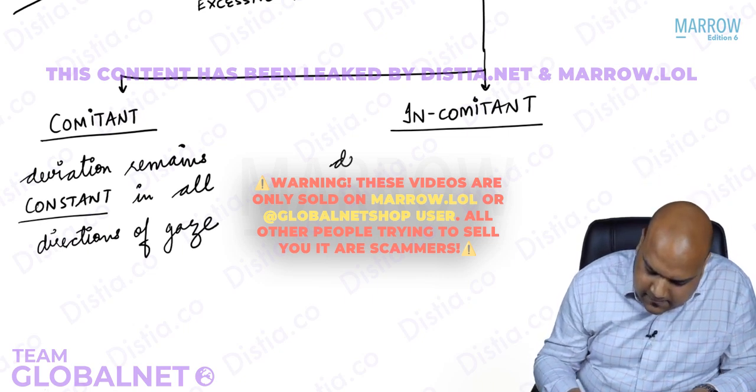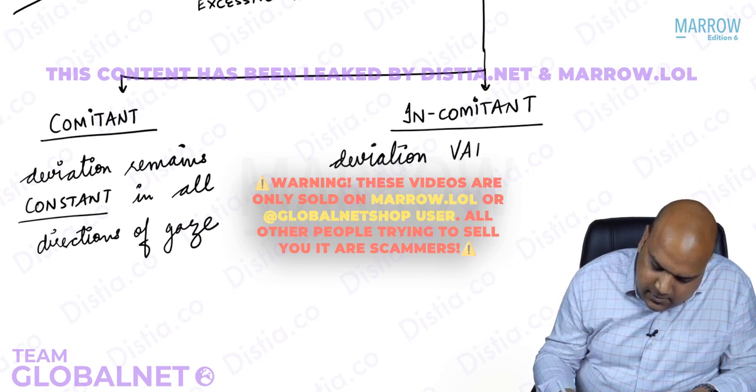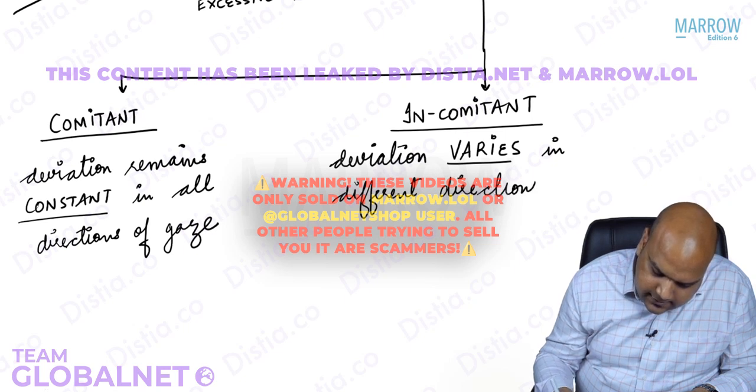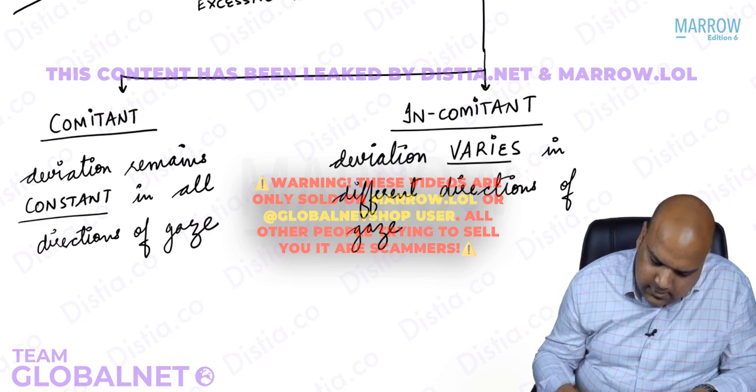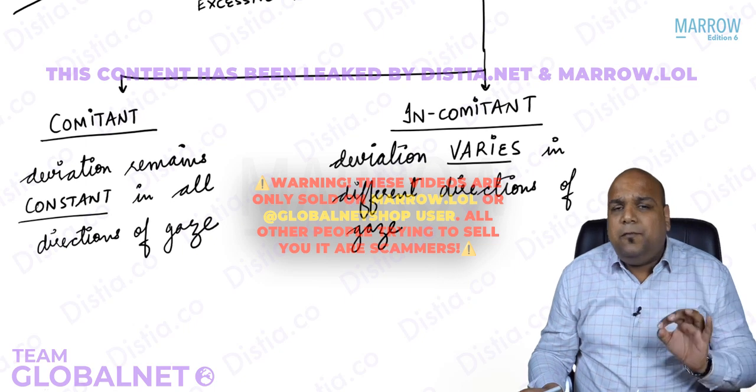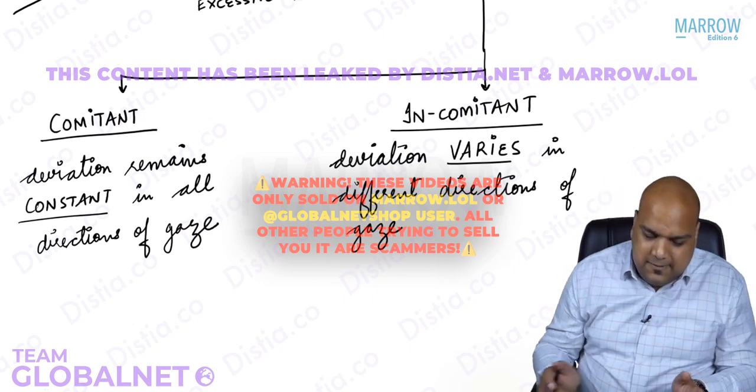Incomitant means when the deviation varies in different directions of gaze. Okay, everybody? When the deviation remains constant or when the deviation varies.